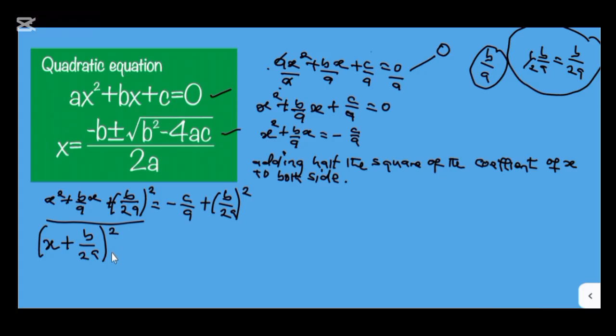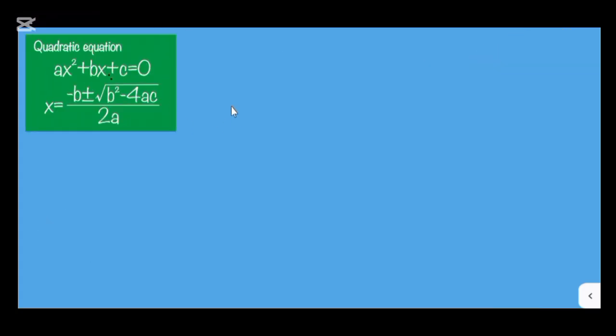I know you'll be wondering how that is possible, but let's show it, because what you have is x plus b over 2a all squared. What this means is you're going to have this in two places. That's what it means. In two places, x plus b over 2a in two places.